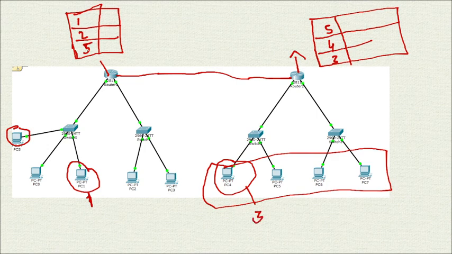The routing table does not have the three network, and does not have the four network. Here I mentioned a separate color. Here 3 and 4 are not present, and on the other interface, the one network and two network are not present.